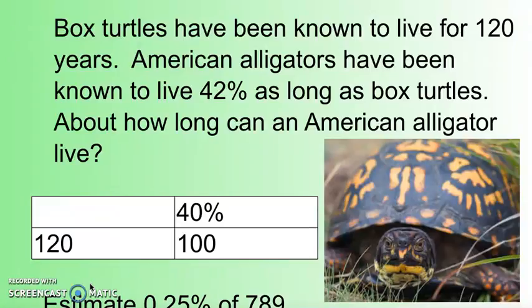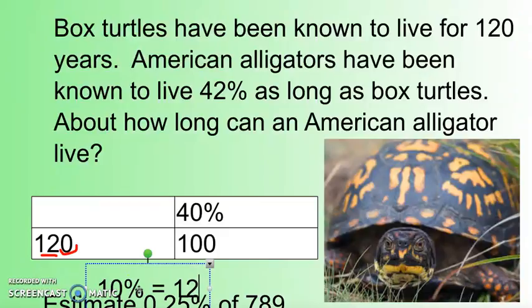Okay, so if I'm looking at this, how much is 10% of 120? Remember, what we do is we just move that decimal one place over, so it is 12. So about 12 years is 10%.